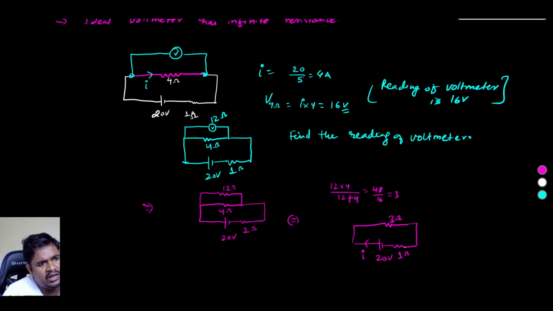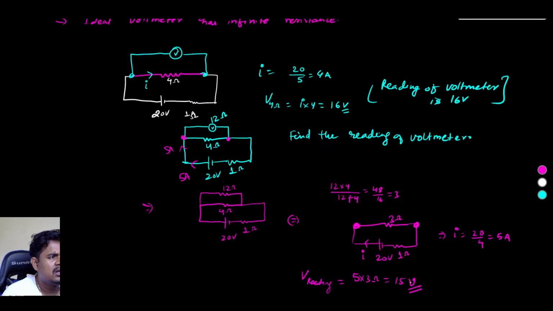If I calculate the current here, it will be 20 by 4, that is 5 ampere. So 5 ampere current is coming in, and across the equivalent resistance the voltmeter is connected. So the voltmeter reading will be 5 into 3 ohm, that is 15 volt.